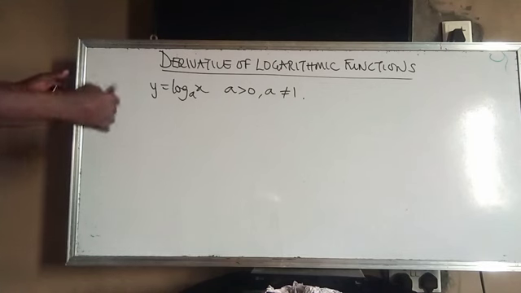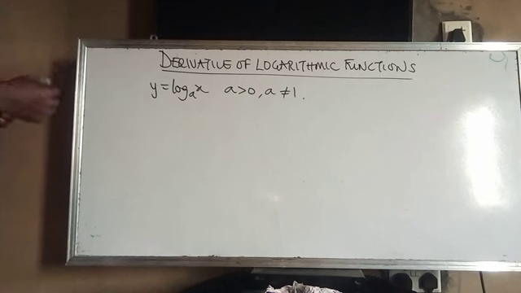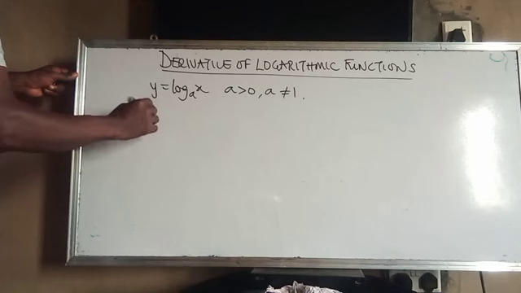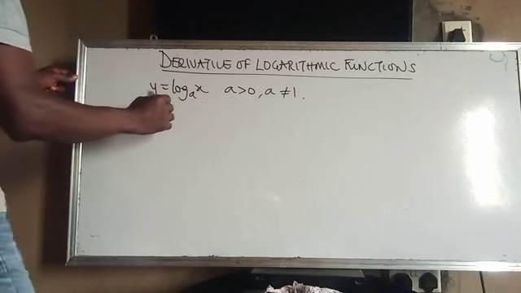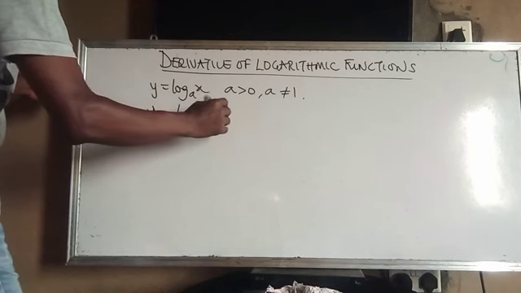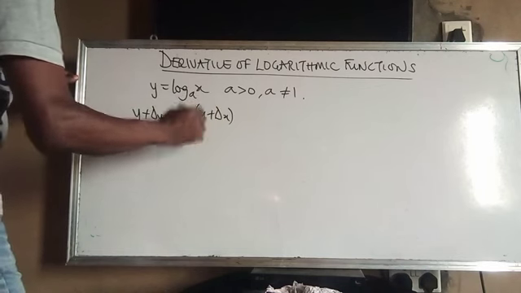If you could recollect vividly, when you are differentiating from the first principle, you are expected to have an increment of y with respect to that of x. So add the increment of y to y. You have y plus the change in y equals log of x plus change in x, base a.